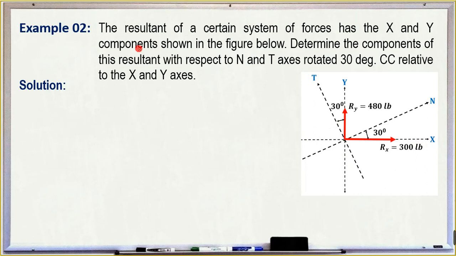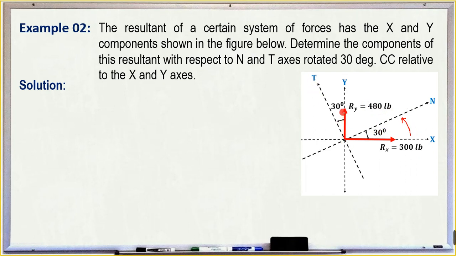And our goal is to determine the components of this resultant with respect to this new axis labeled by n and t. This new axis is rotated 30 degrees counterclockwise, CC, relative to the x and y axis. So our x and y axis is rotated by an amount of 30 degrees. That is our new axis t and n.